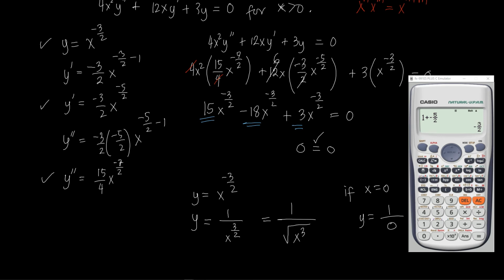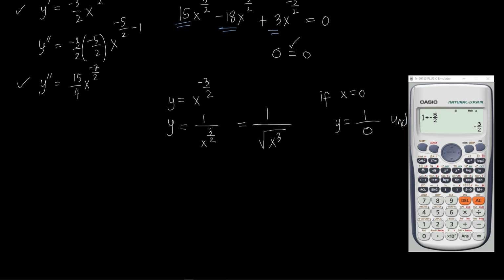Yung 1 over 0, that is, ano ba yan? That is undefined. Hindi natin yan gusto sa ating solution, sa ating DE. So, avoid natin yung undefined. Kaya, hindi kasali yung 0. Ano pa ba? Ano pa ba yung dapat natin i-consider?